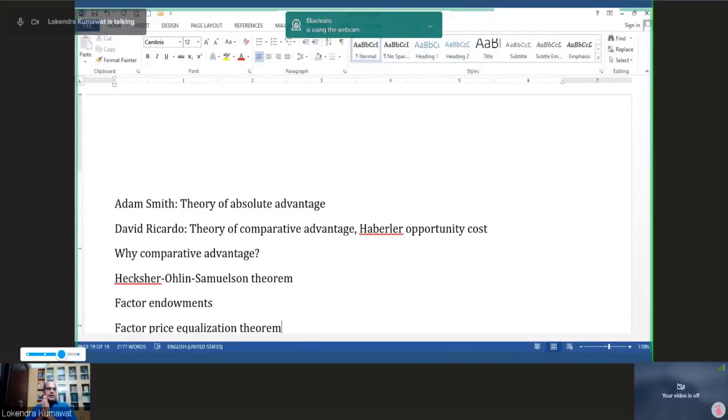We have seen that a country which has labor in abundance will tend to produce that commodity which is labor intensive, and the country which is abundant in capital will tend to produce that commodity which makes intensive use of capital. What will happen as a result? Just think for a while.